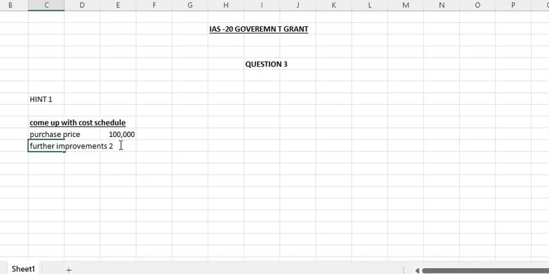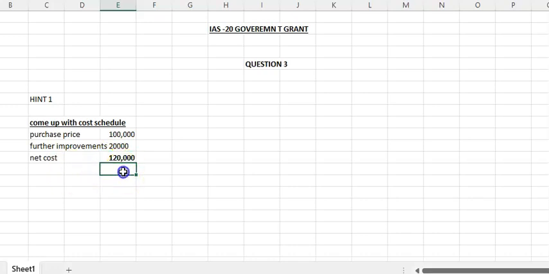Improvements, it was 20,000. So the cost now will be 120,000, we are adding.